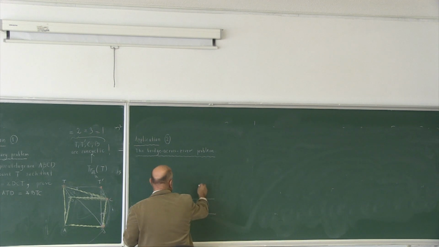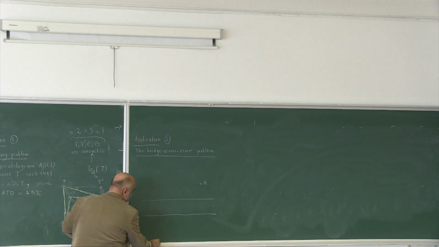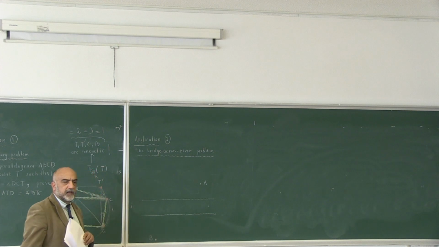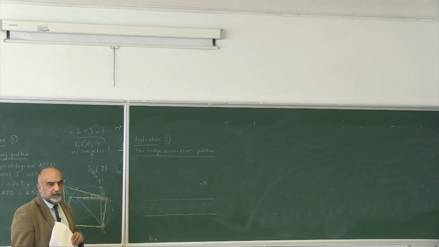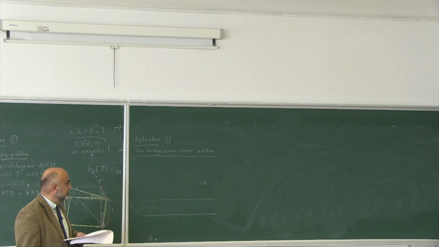Let's say one is in here. There is one city, and there is another city, like this: the city A and the city B. Whatever, village, however you might like to understand it.